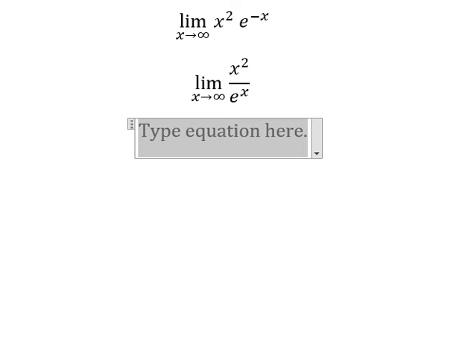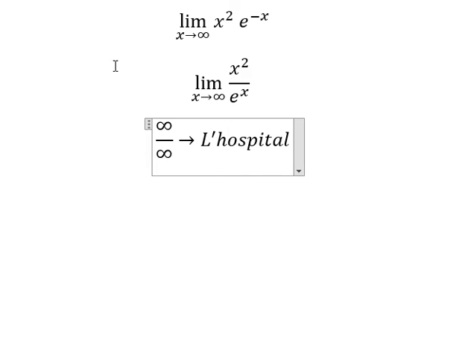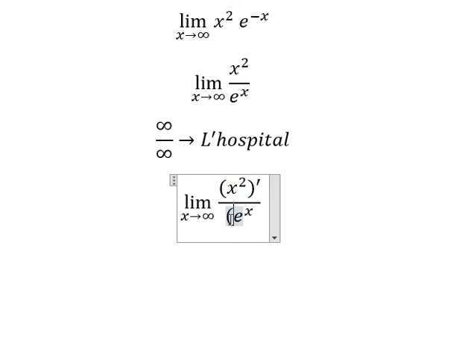So we have positive infinity over positive infinity. So we can use L'Hospital. That means we need to take the first derivative of the numerator and denominator.